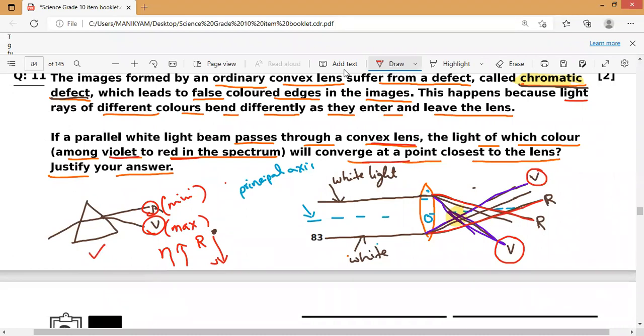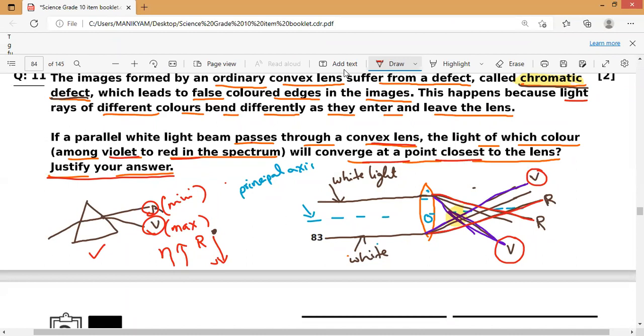Because it will bend the most after refraction. Understanding? That is the reason. Or else justify your answer. Two reasons are there. One is you write. What is the first answer? Because it will bend the most after refraction. Why, guys? What is the reason behind?